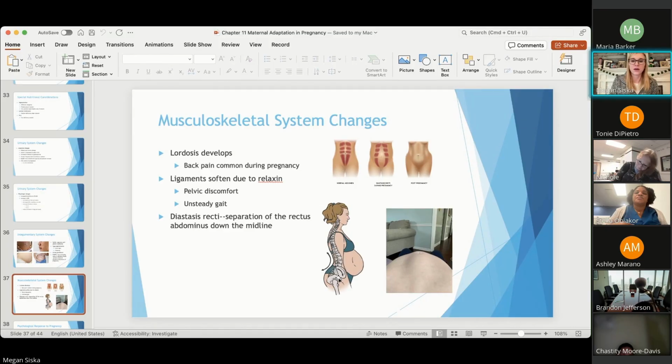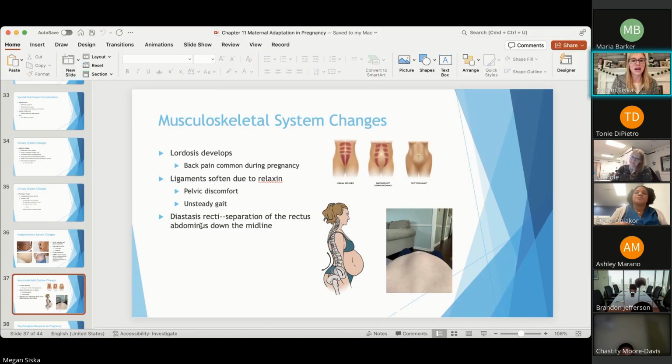Another thing we have is relaxation of those ligaments. I talked a little bit about round ligament pain, a lot of pelvic discomfort because everything is stretching and getting pulled on and carrying this extra weight. Your gait can become unsteady or you may be more likely to have falls.